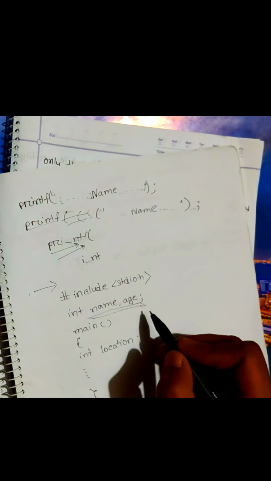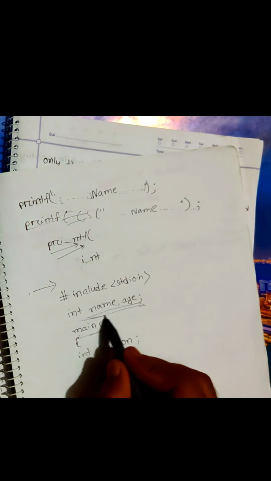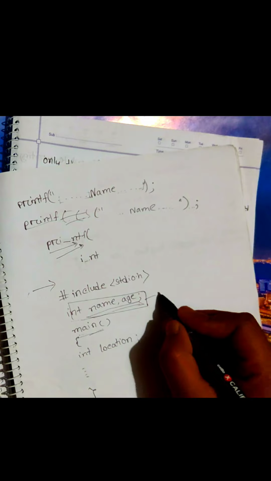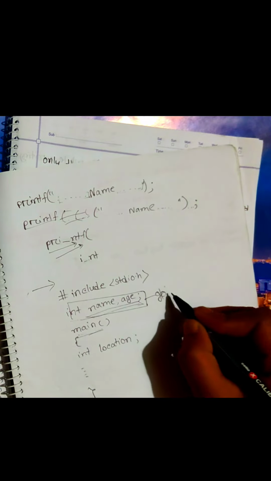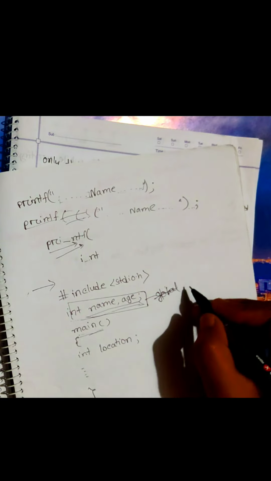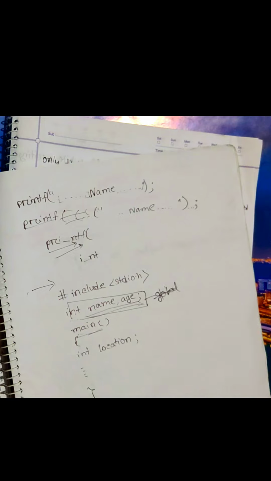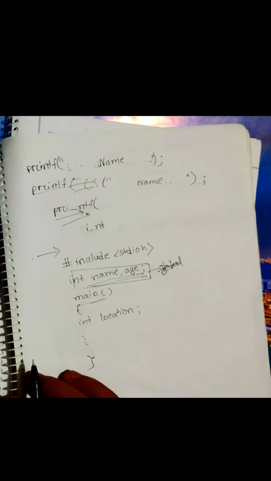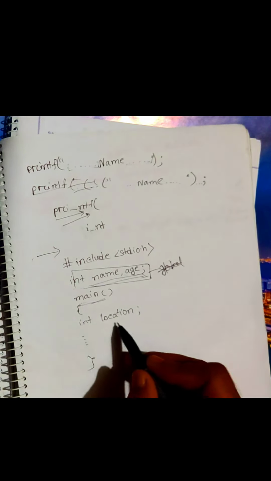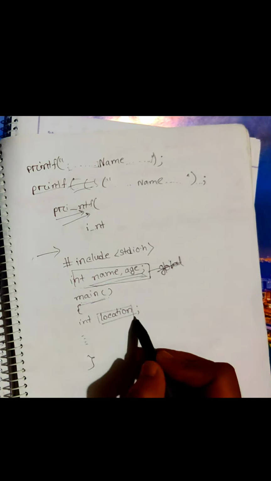Let's see here. This is an example of global declaration. Global variables means a variable that is outside of the main block. This is the main block and this variable is outside of the main block. So this is a global variable. As you can see, this variable is written inside the main block, so this is a local variable.